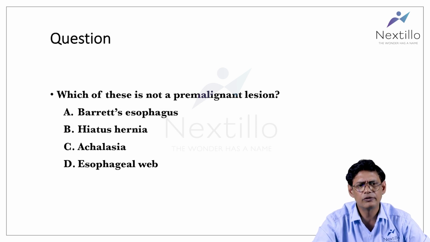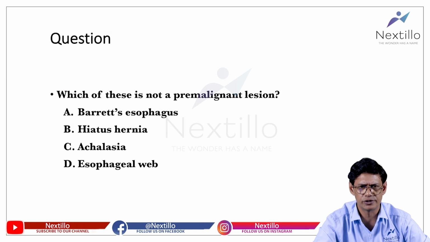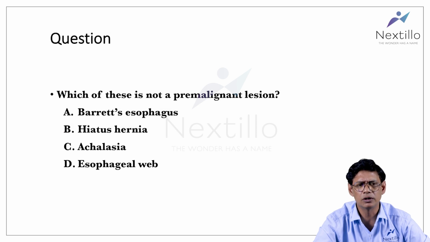The third important risk factor for the squamous cell carcinoma in the esophagus is something known as the Plummer-Vinson syndrome. In Plummer-Vinson syndrome, there are esophageal webs. For the adenocarcinoma of the esophagus, which is seen in the lower one third, the most important risk factor is the Barrett's esophagus.